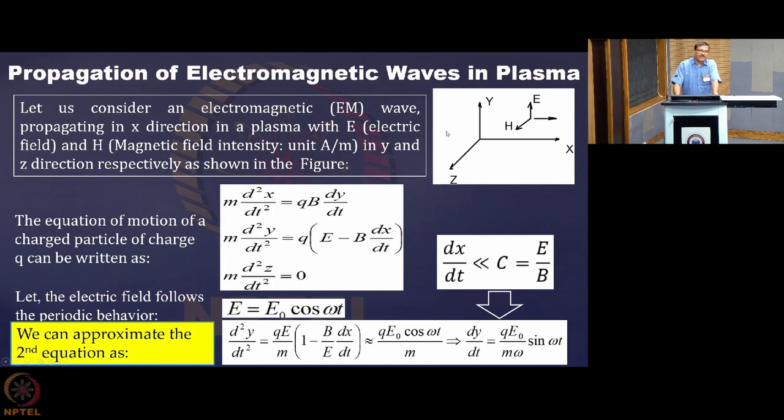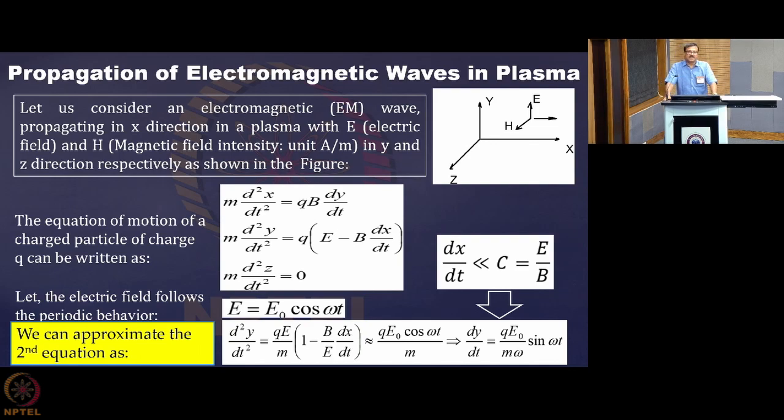Now, as I told you, we have two things over here. One is the electromagnetic wave, which has a very high speed; it propagates in free space at a speed of 3 times 10 to the power 8 meter per second. And the particles are moving at a speed much lower than that.